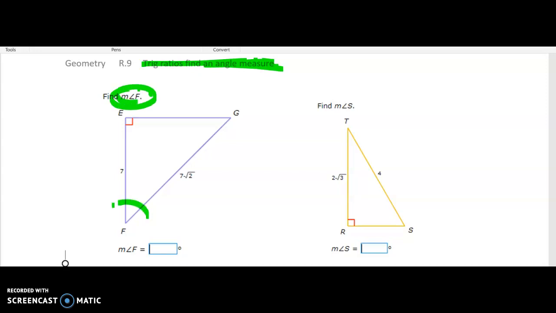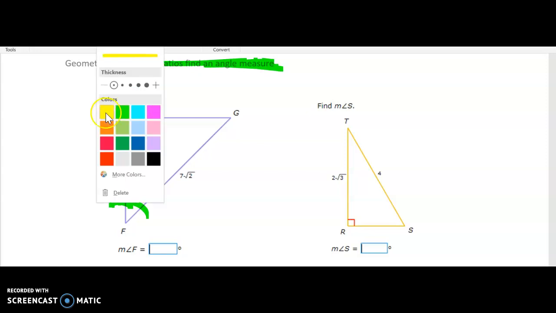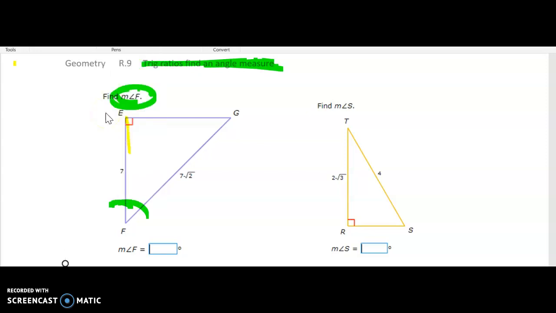So here's angle F. Once you find the angle that you want to know how big it is, then find the two sides, because if you're looking for an angle, you have to have two sides. We have this side, and what is it to F? It is adjacent.